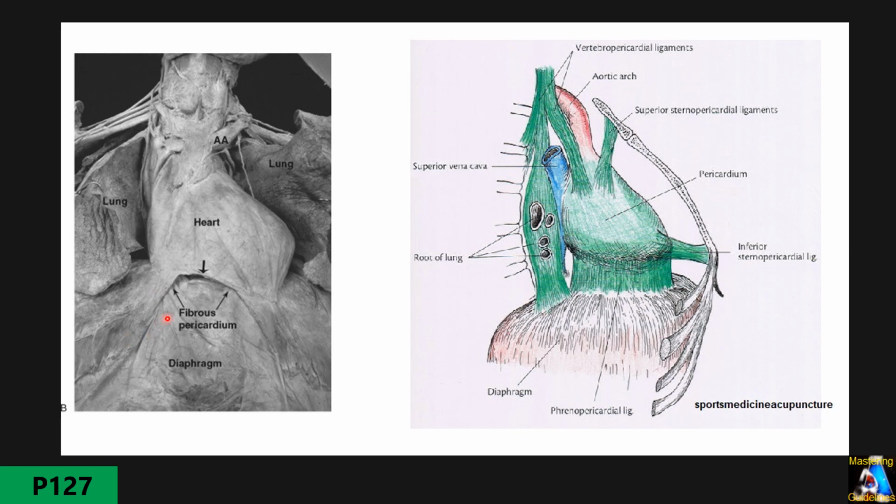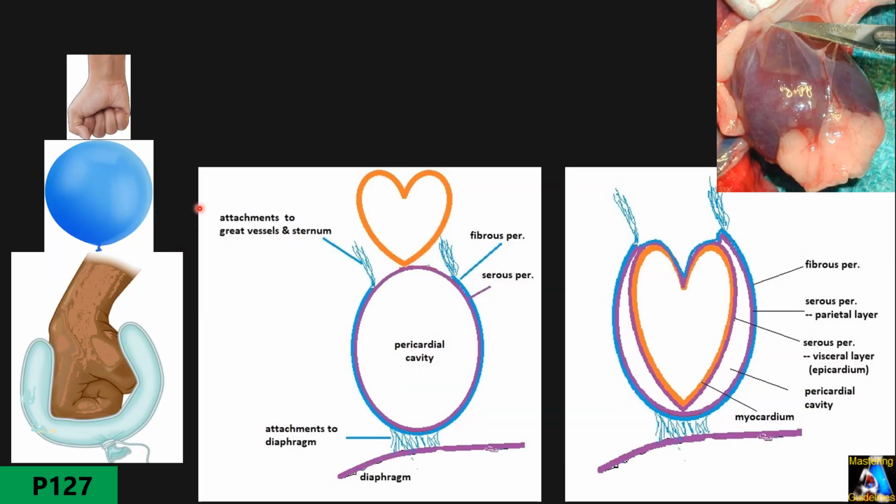The pericardium, by its attachment to the surrounding structures like the diaphragm, sternum, vertebra, and vessels, through the ligaments, keeps the location of the heart stable and almost fixed. And knowing those structures and ligaments is very important and critical, especially for cardiac surgeons and interventional cardiologists. The pericardial sac consists of two sacs.